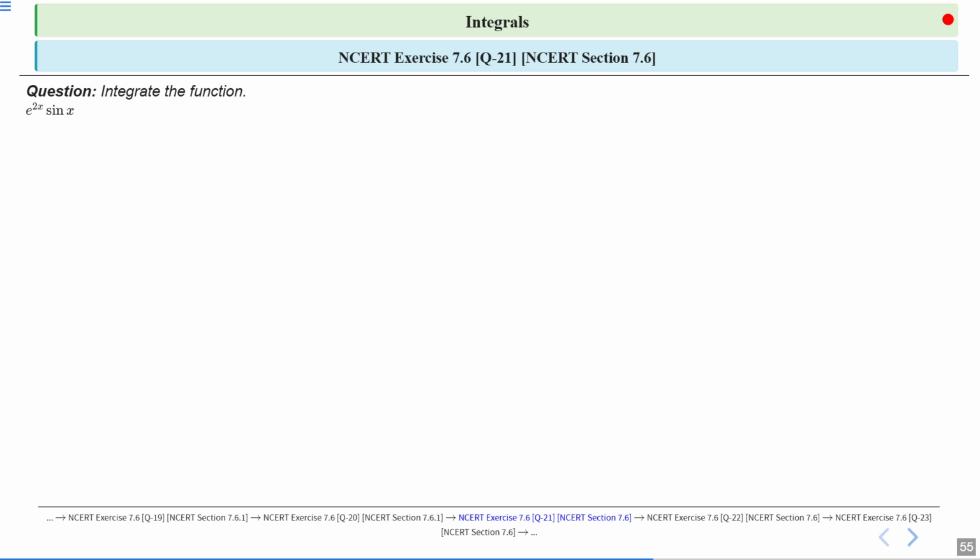Okay, so the answer is e to the power 2x by 5 into (2 sin x minus cos x) plus c.